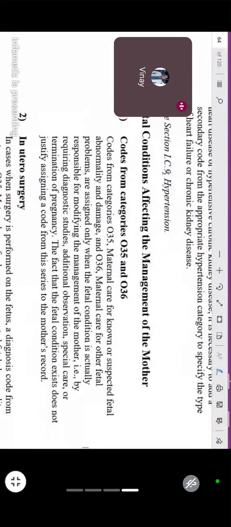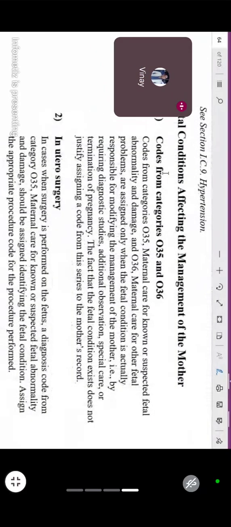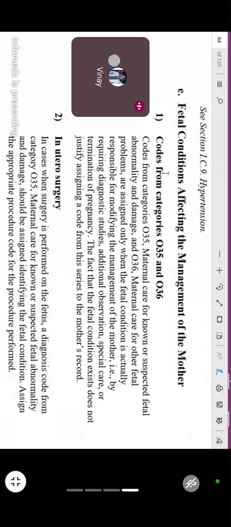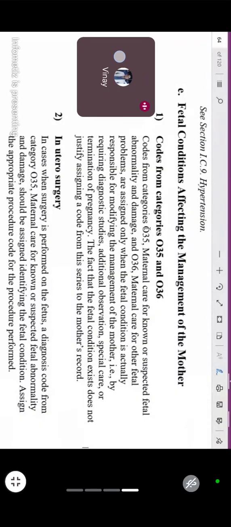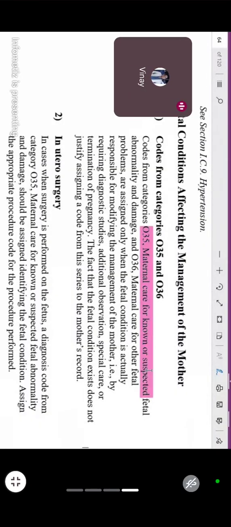Code from the category O35, O36. O35 is, see, this is the description: maternal care for known or suspected fetal abnormality and damage. And O36 is maternal care for other fetal problems. This is a fetus issue.